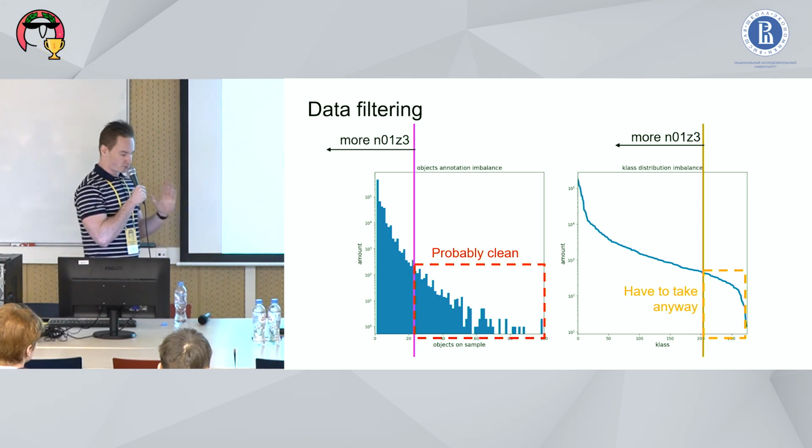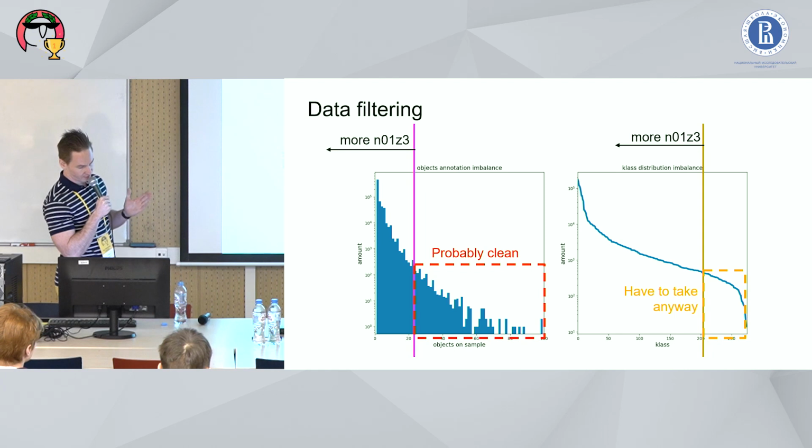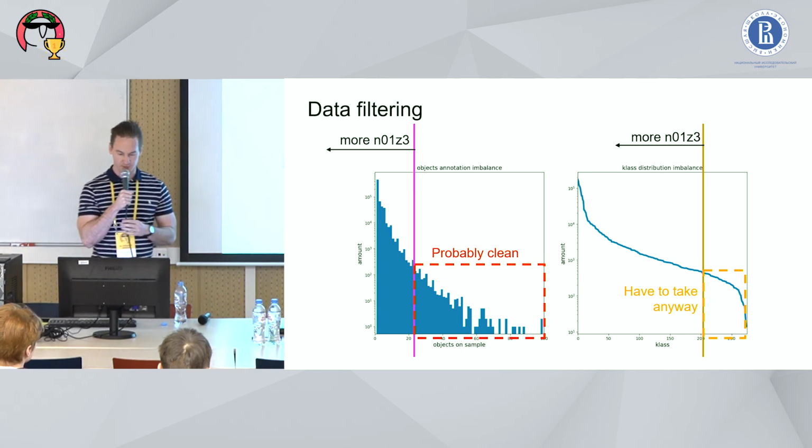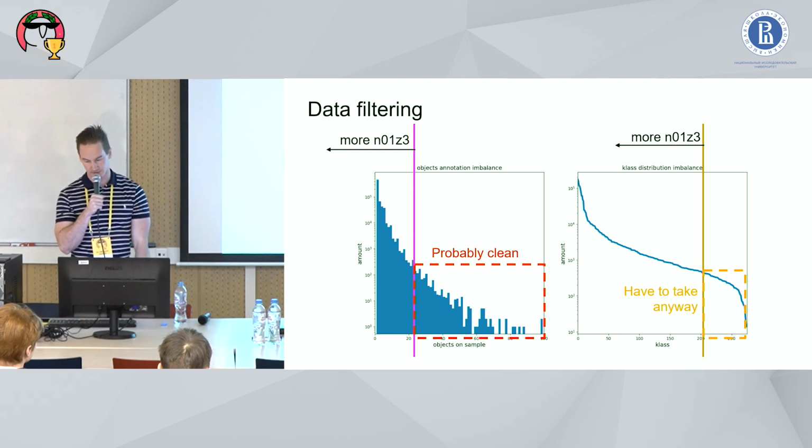So if we take a threshold for the count of objects on the images and take the samples with more objects than this threshold, it will be cleaner than the whole dataset.